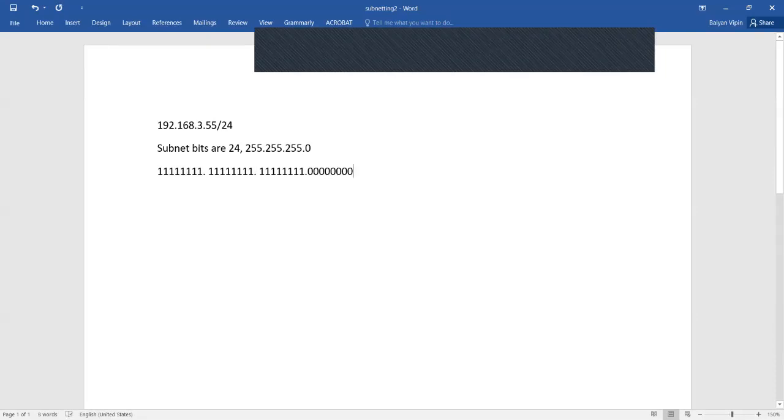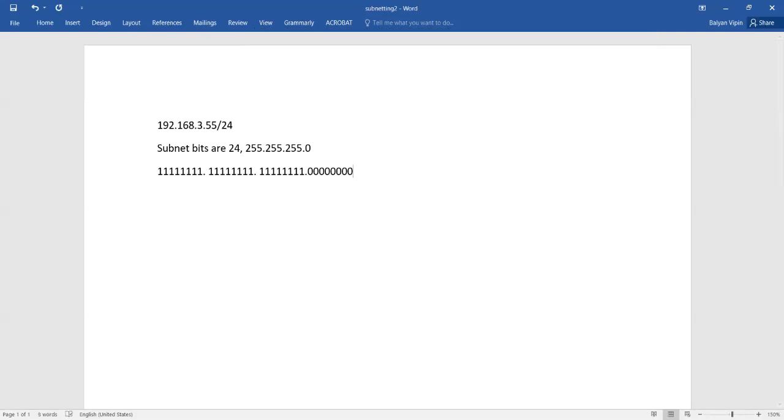Now suppose the question says, find the network ID of 192.168.3.55. Consider that 55 is one of the hosts which belongs to a certain network, and you need to find which network it belongs to. Always, the network ID is the first IP address of that particular network.